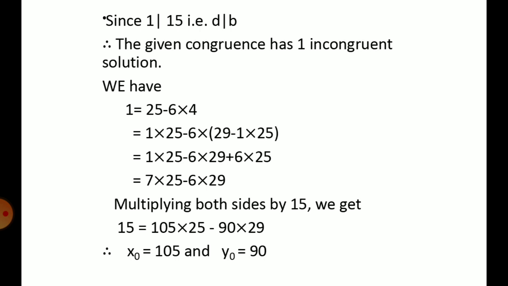Multiplying, we get 15 equals 105 into 25 minus 90 into 29, and therefore x0 is equal to, comparing with the congruence ax minus ny equals b, where b is 15 and a is 25, x is 105. That means x0 is 105 and y0 is 90. Actually here the value of y0 is not required. We have x0 equal to 105.